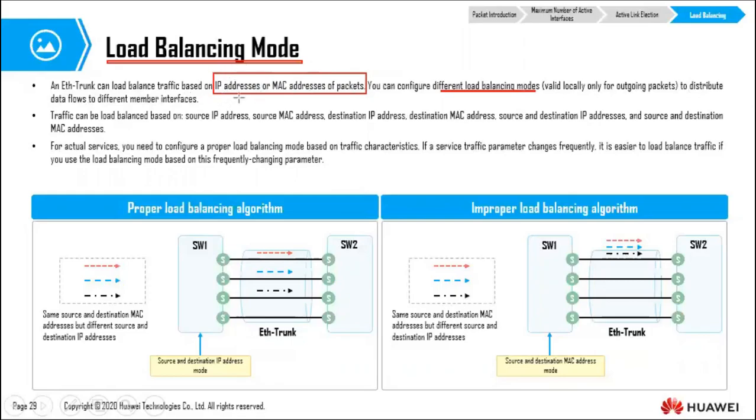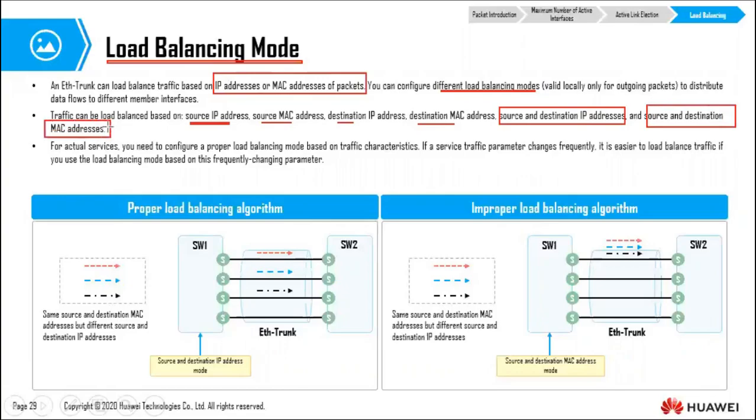So do you want to filter based on IP addresses or based on MAC addresses? So traffic can be load balanced based on the source IP, source MAC address, destination IP, or destination MAC address. Or you combine them, source and destination MAC address.